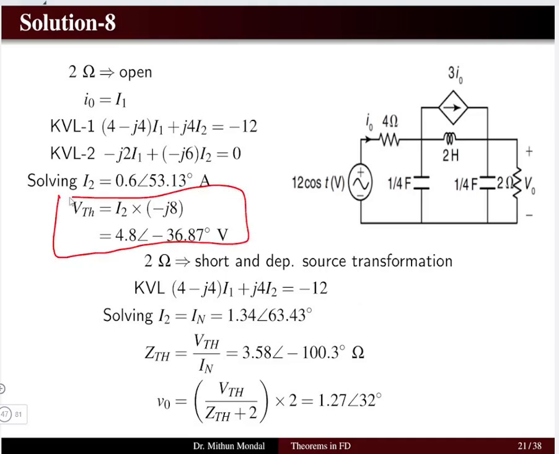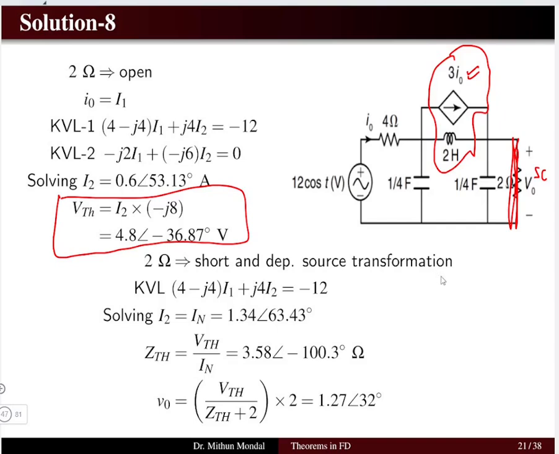Next task would be to determine the Z Thevenin. When I need to determine the Z Thevenin, I can go from the concept of the Norton current, because here we have a dependent source. So we have to short the terminal here, the 2 ohm resistor. We can convert by source transformation the 2 Henry inductor in parallel with the current source into a voltage source in series with an inductor.